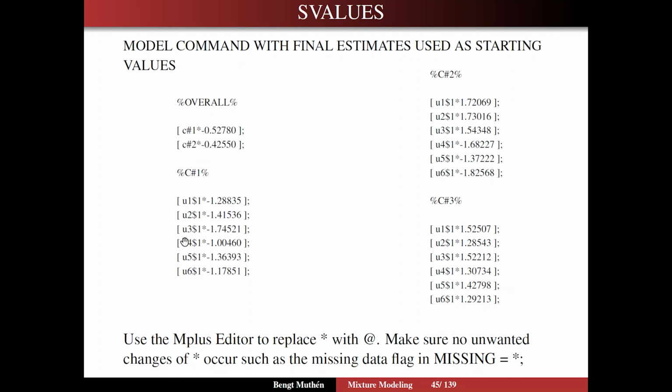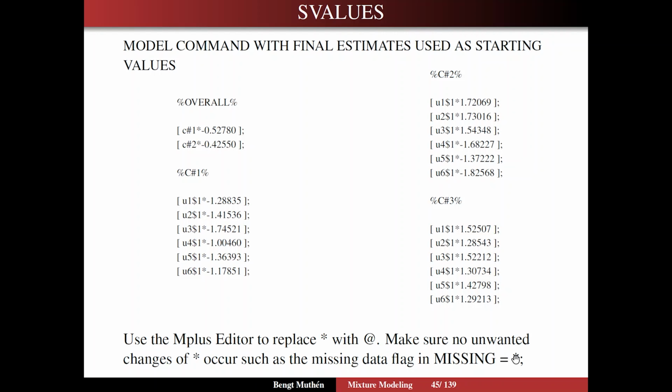You can copy only the C1 to C3 information for the latent class indicators U, and you use the Mplus editor to replace the asterisks with @ to make them fixed instead of free, and you do a global replacement where you want to make sure that no unwanted changes of asterisk occur, such as the missing data flag in missing equals asterisk, so that you may end up with that being an @ instead of an asterisk, so you have to change that back.